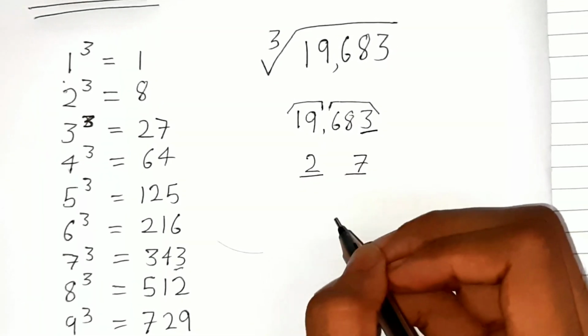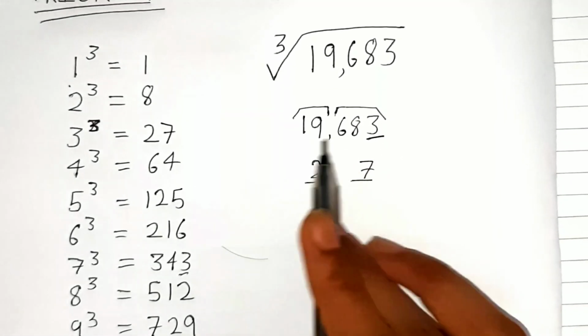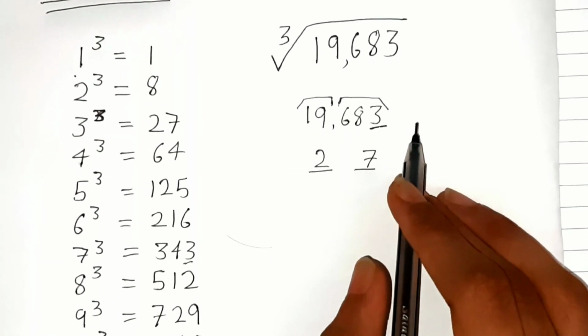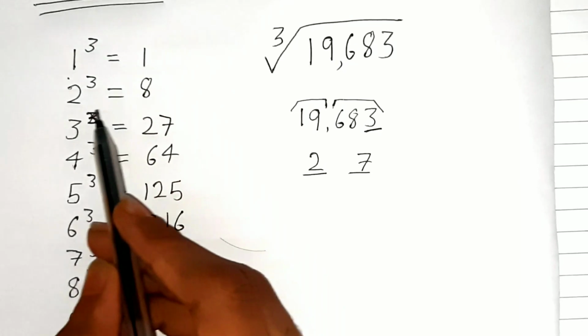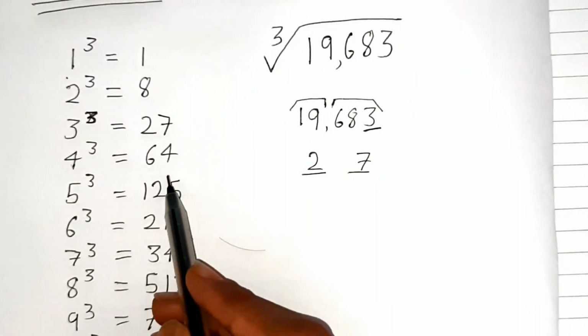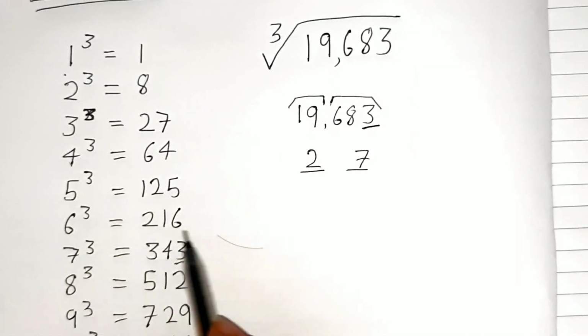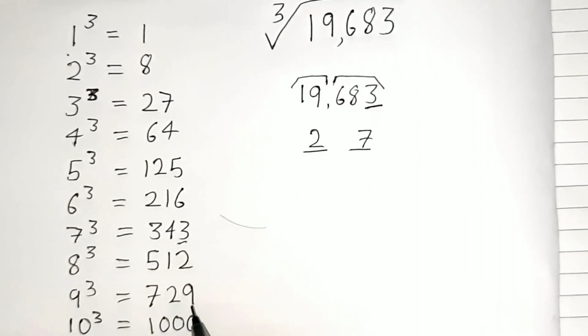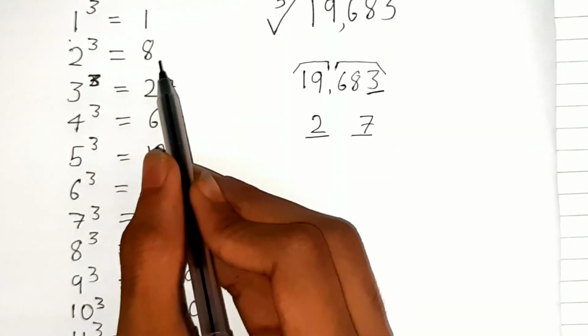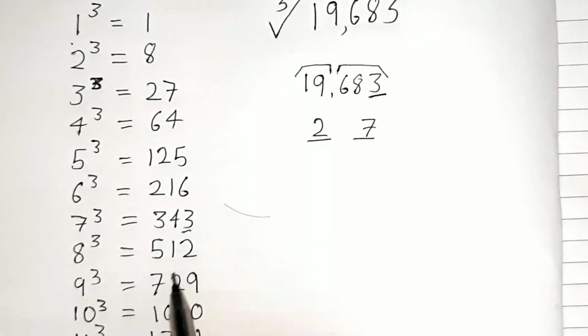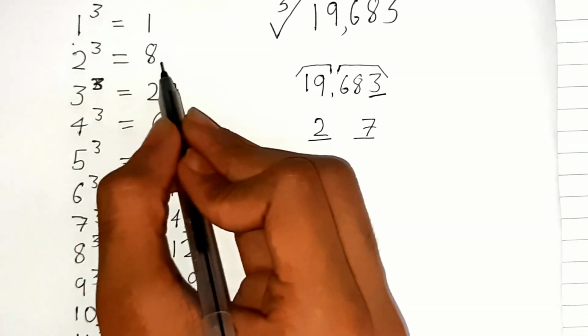And also one more thing, this trick works really easily. It is easier than square root. But you need to remember, except for 2, 8, 3 and 7, that is 2 has a cube of 8 and 8 has a cube of 512.